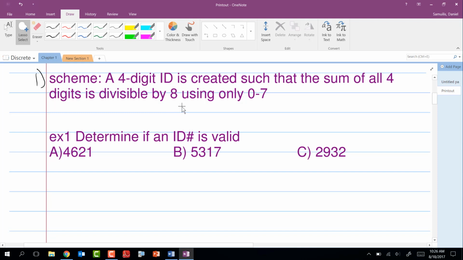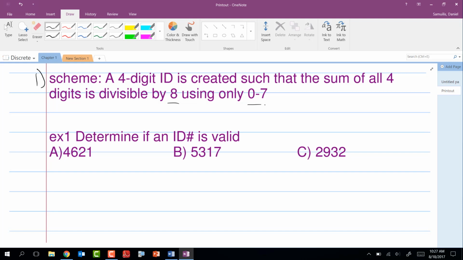These are tied together, and I'll wait till we do example 2 of this little scheme to tell you why they usually do this. If it's a divisible by 8 scheme, then you really should only use 0 through 7 because of what the check digit should be. And the check digit's usually the 4th one, but in this case, it's just what it has to be.